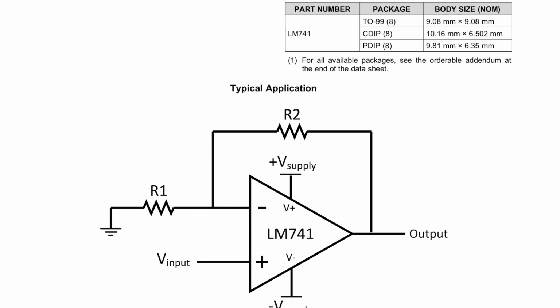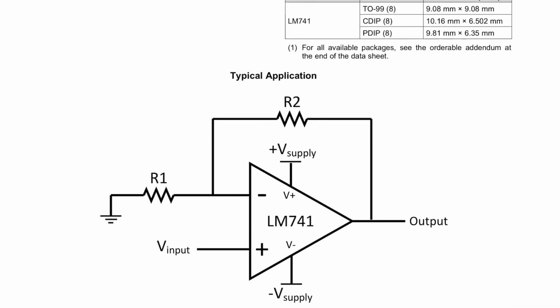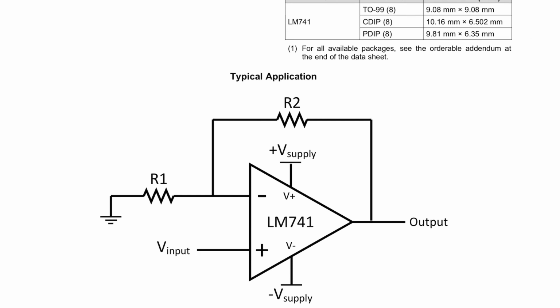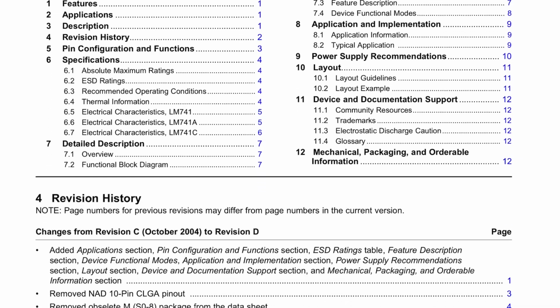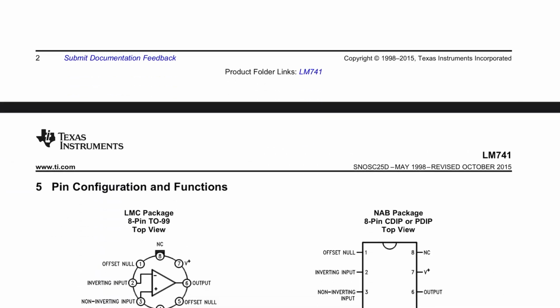The LM741 is what we're going to study today, but not just the LM741; we're going to talk about a generic operational amplifier. Here you can see there is a positive supply and a negative supply, and we're going to talk about that.